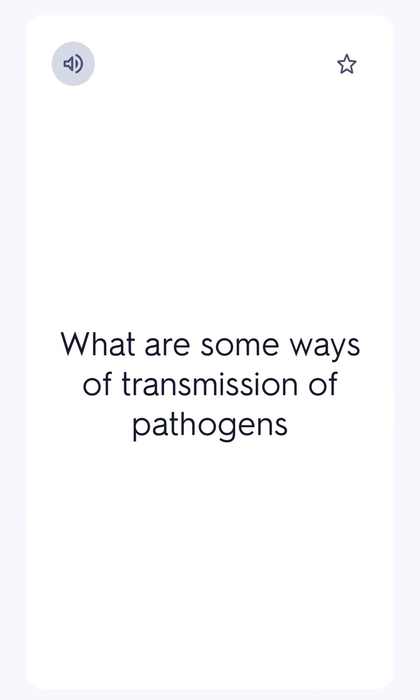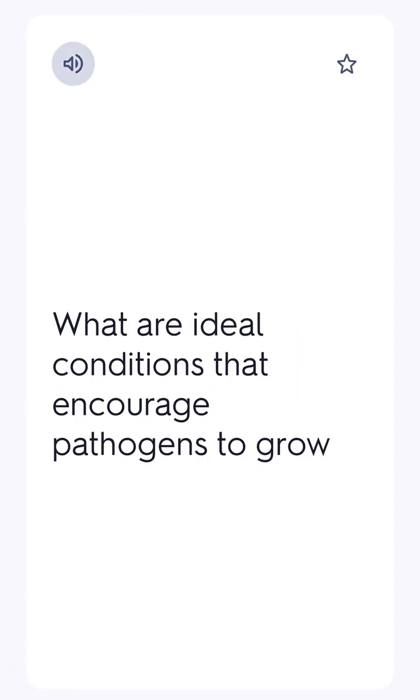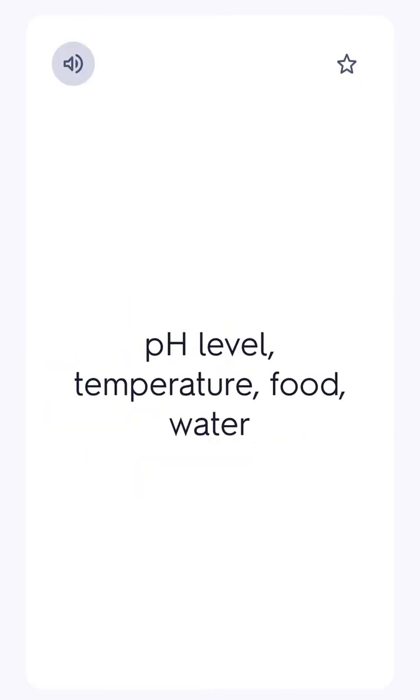What are some ways of transmission of pathogens? Airborne, skin contact, ingestion, contact with fluids. What are ideal conditions that encourage pathogens to grow? pH level, temperature, food, water.